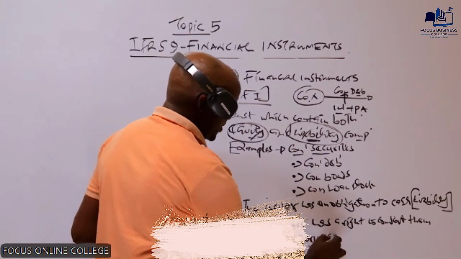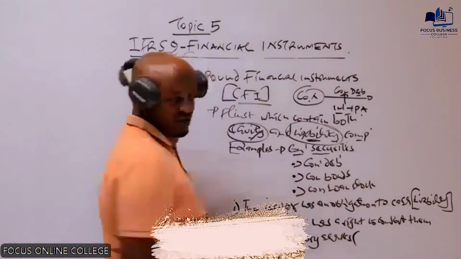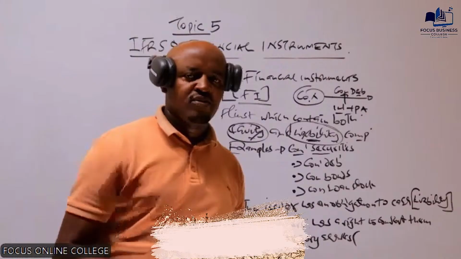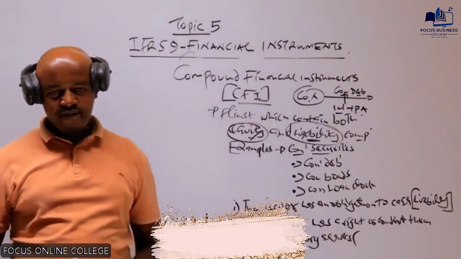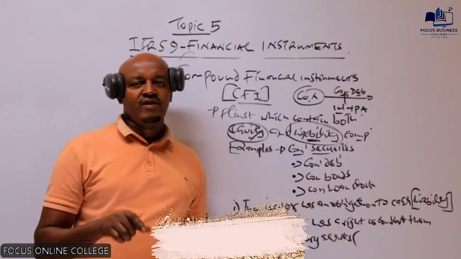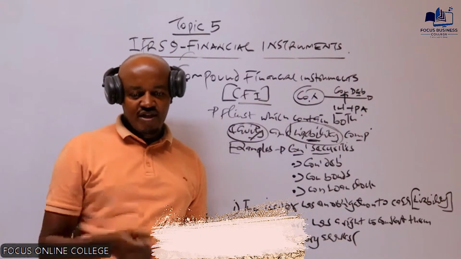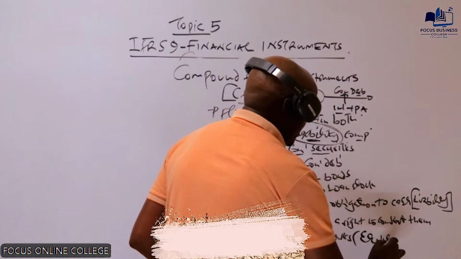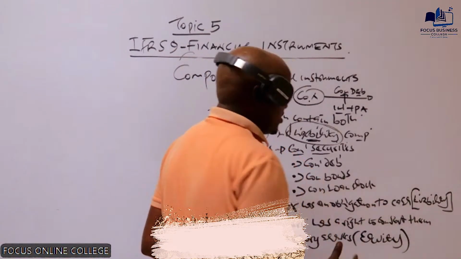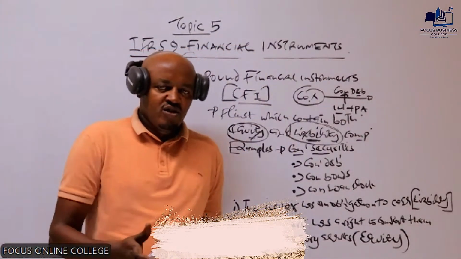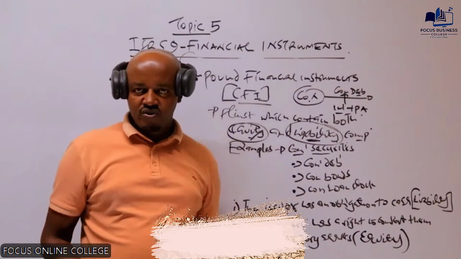If you hold some convertible debentures, you can convert them into ordinary shares of the company. It means that you have a right to receive ordinary shares of the company. Naturally, that right to receive the ordinary shares, we refer to it as equity, because equity is whereby you have already bought the shares, or you have the right to be issued those shares.